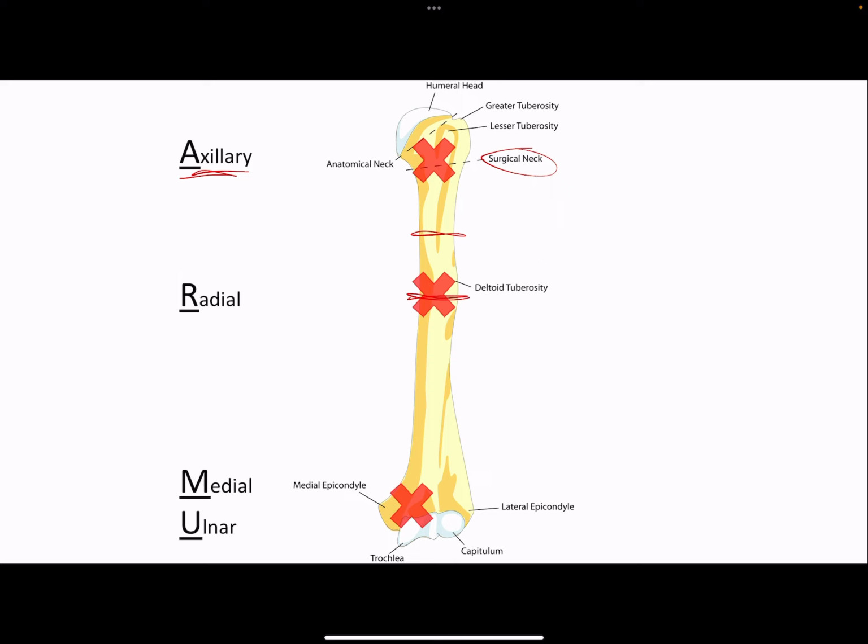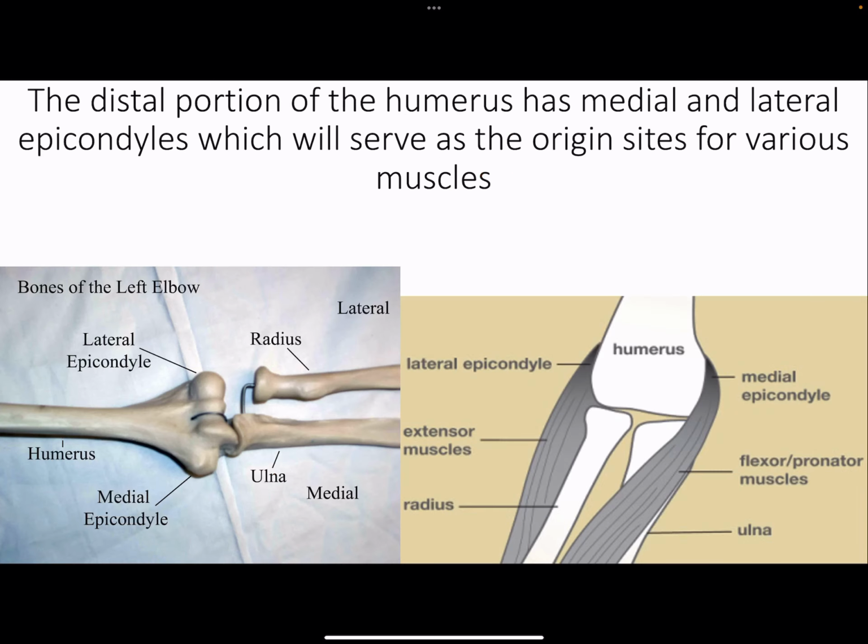If you have damage to the medial epicondyle, that's associated with the median nerve. Technically, it's a little bit like the supracondylar region, but for the most part, we can just think of it as the medial epicondyle. And the ulnar nerve is also going to be associated with this region there. Theoretically, the radial nerve could also be associated with the lateral epicondyle, but I think probably they'd say a mid-shaft fracture for the radial nerve.